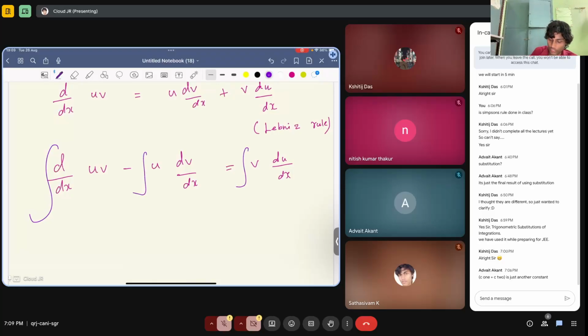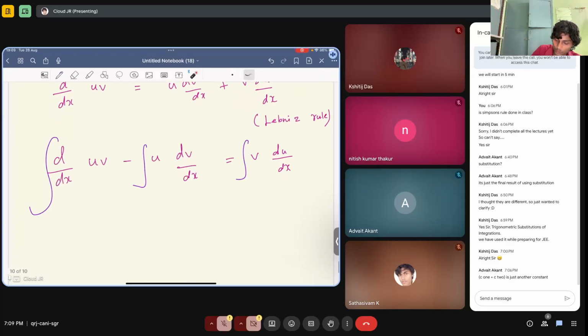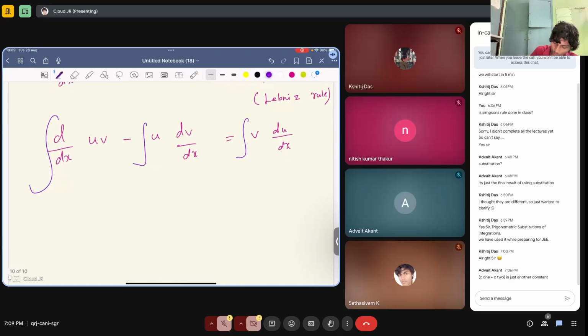So what happens to this term? This is basically the antiderivative of the derivative of uv. Can you tell me an antiderivative of the derivative of uv? It's basically uv, right? uv is one of the antiderivatives. So you have uv minus integral.